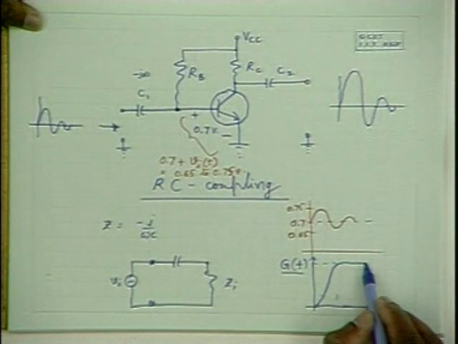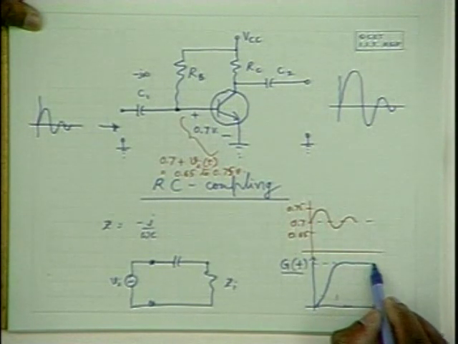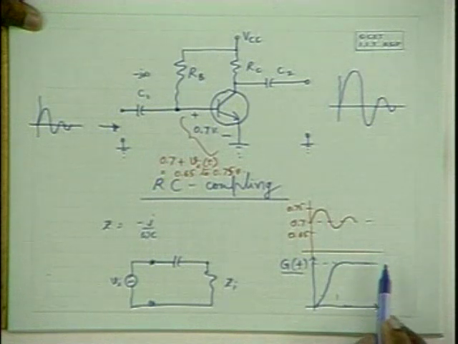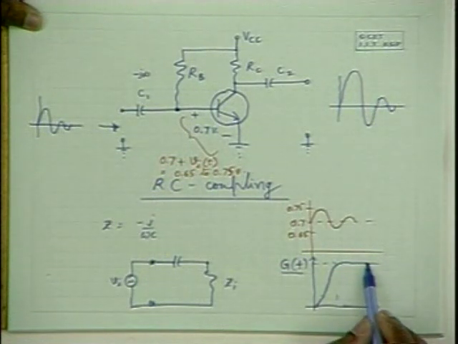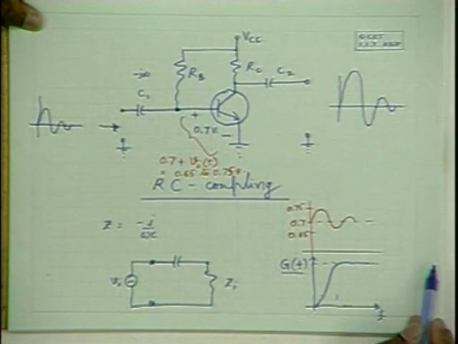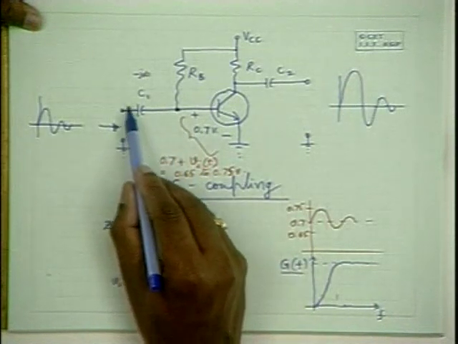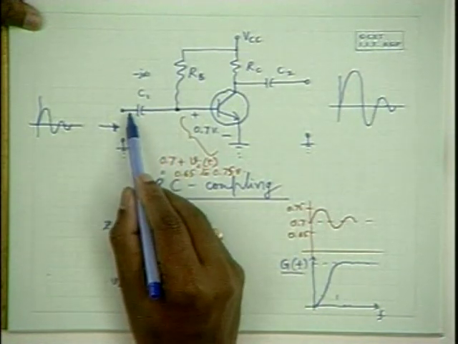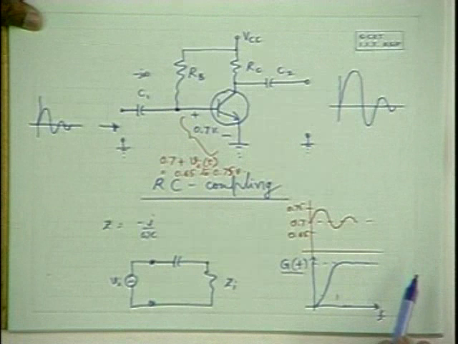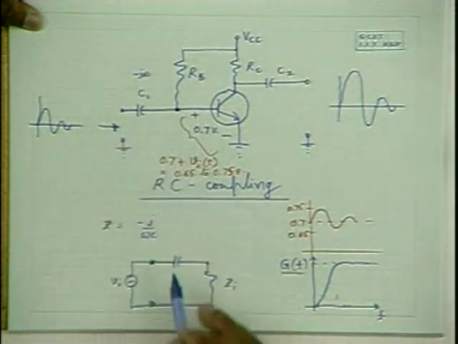And what about at high frequencies? Ideally, the amplifier should work up to infinite frequencies, because these capacitances are going to act like short circuits at very high frequencies, so they do not come into the picture.